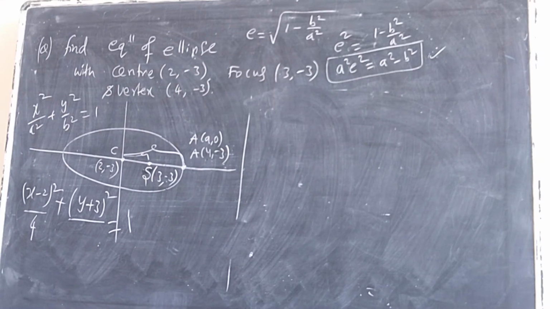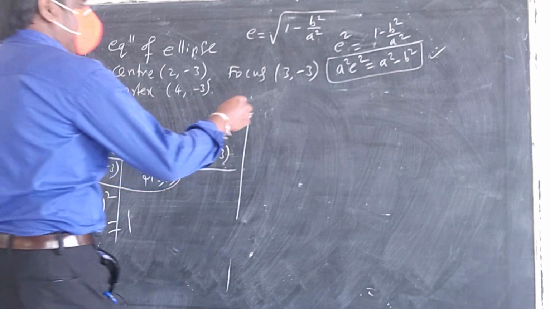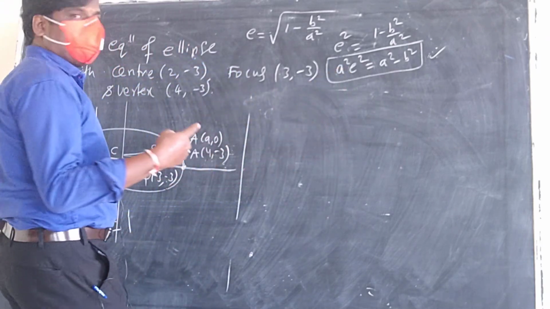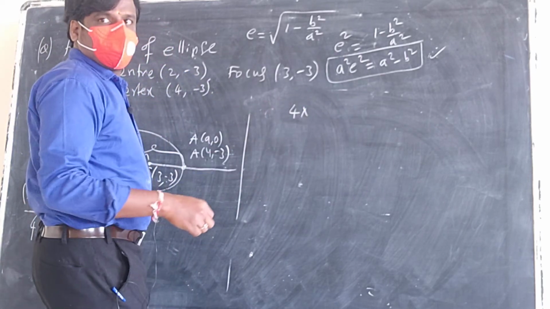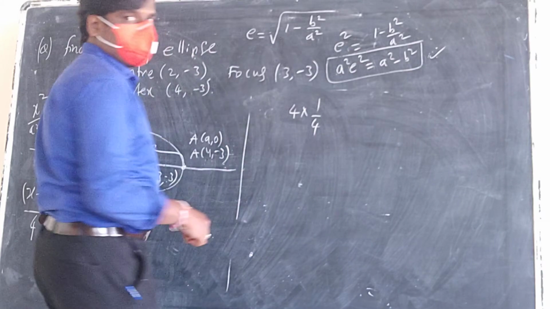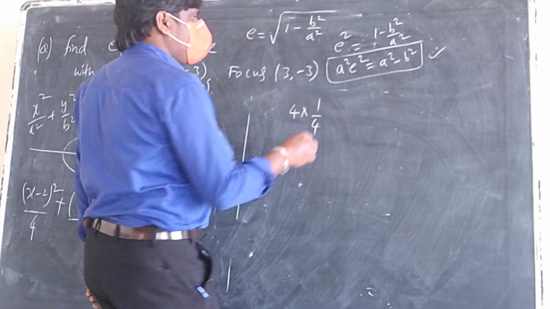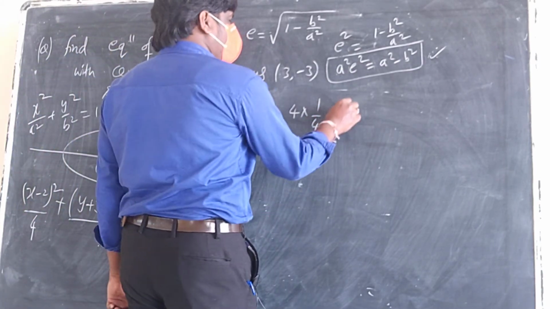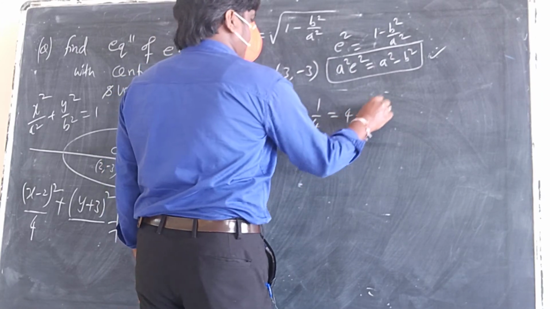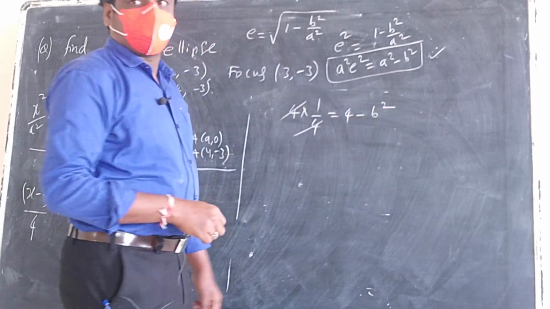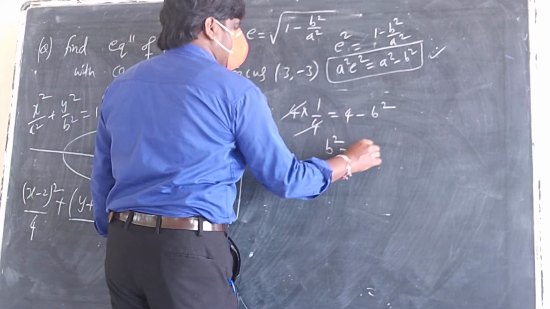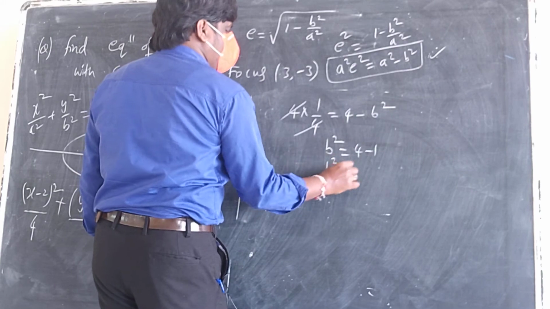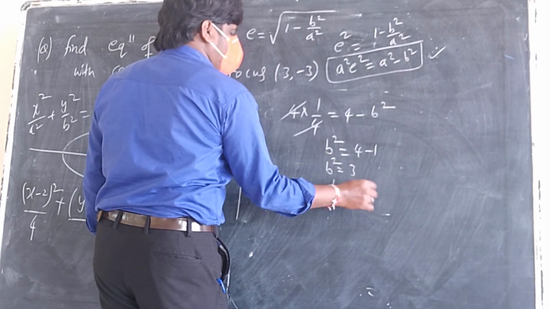See here, you have to find the B value. What was the A value? 2. 2 square is 4. E value? 1 by 2, so E square is 1 by 4. 1 by 4 is equal to A square, 4, and B value we don't know. A cancelled. So B square equal to 4 minus 1. So B square equal to 3. B is equal to root 3.